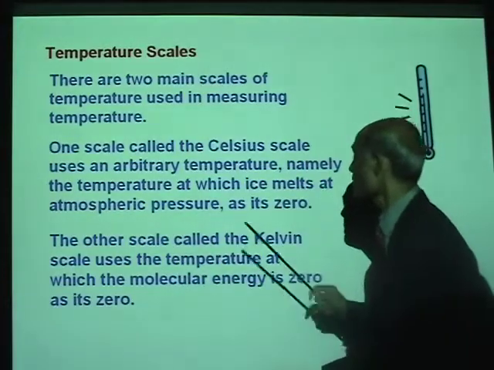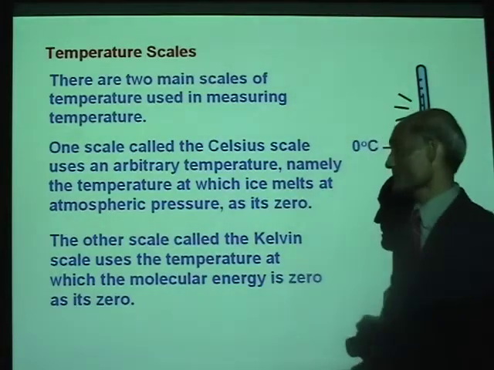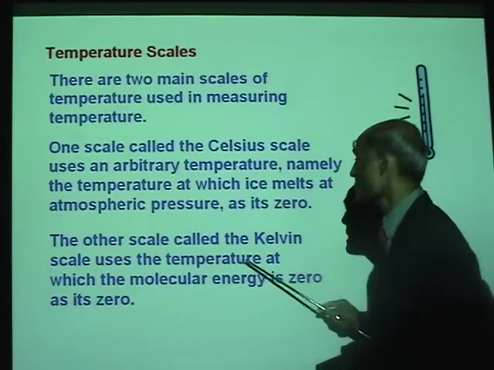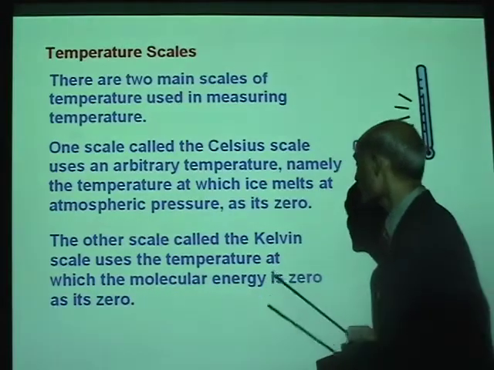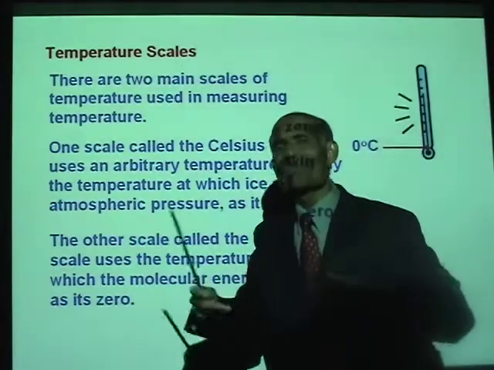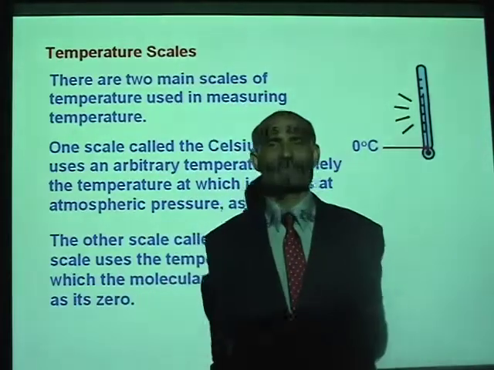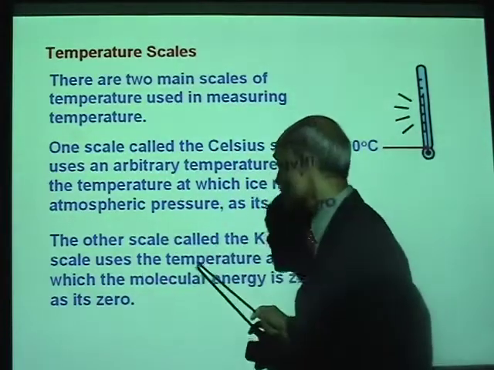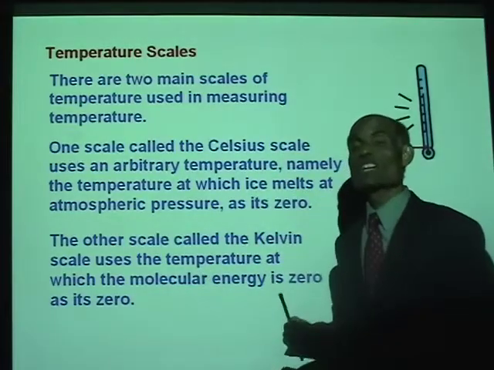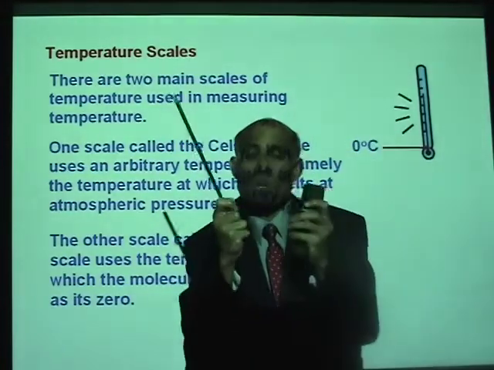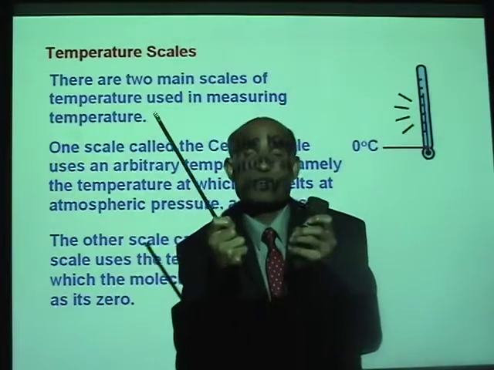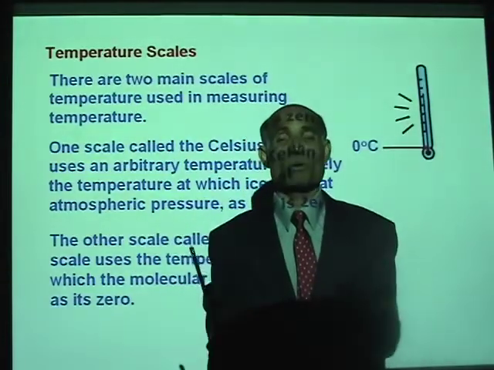The other scale is called the Kelvin scale, which uses the temperature at which the molecular energy is 0. It's also called the absolute scale of temperature. So the 0 of the Kelvin scale is the temperature at which the molecular vibrations will be absolutely 0.